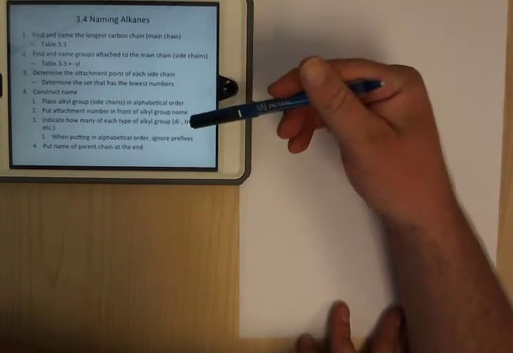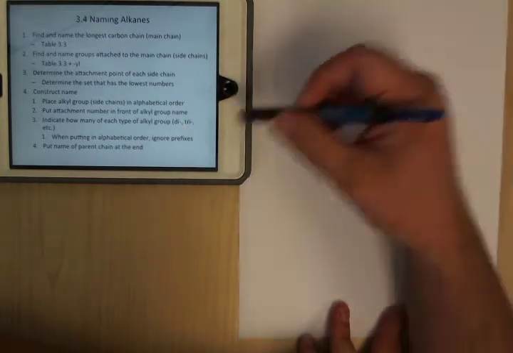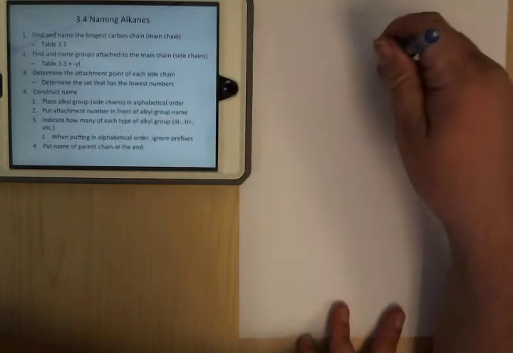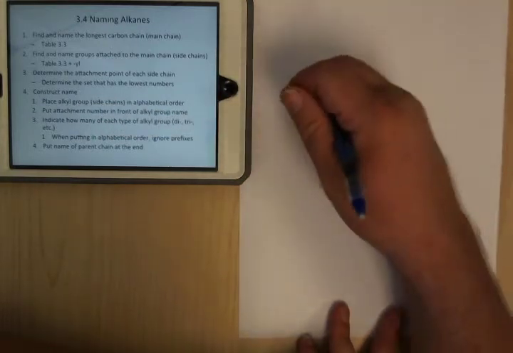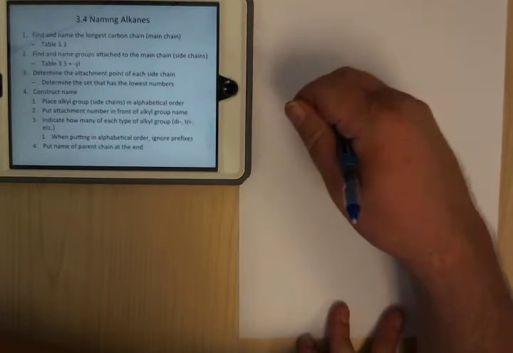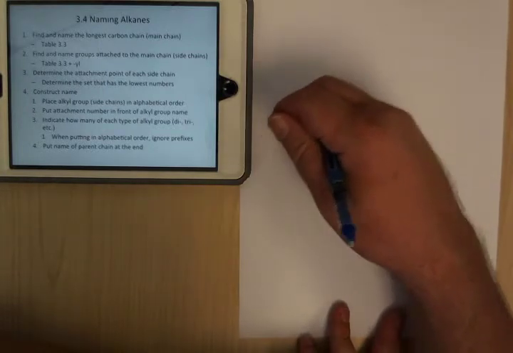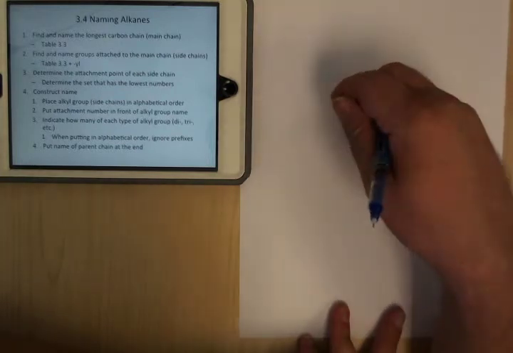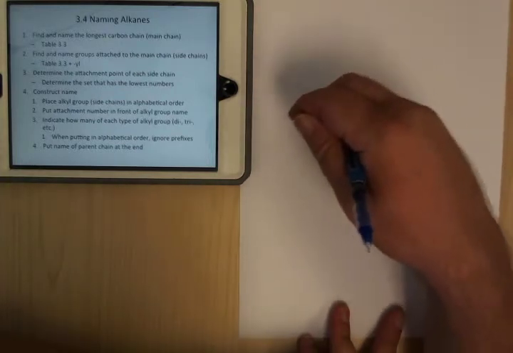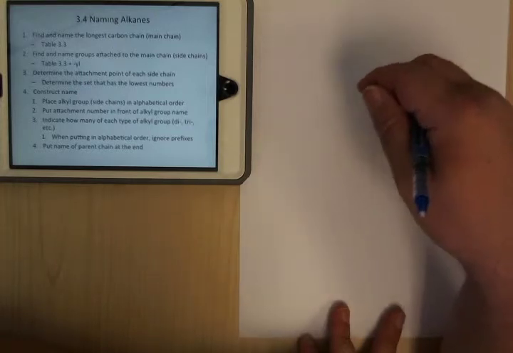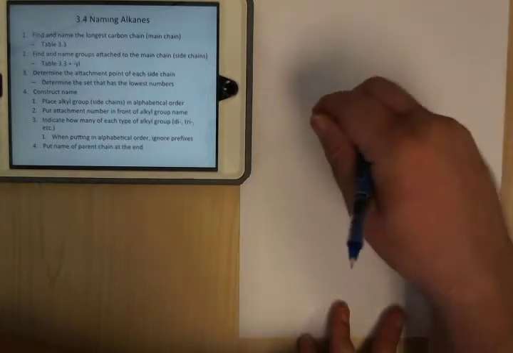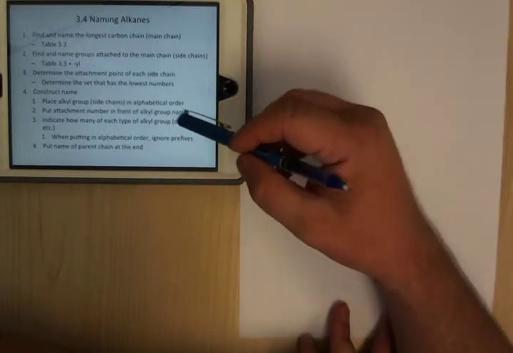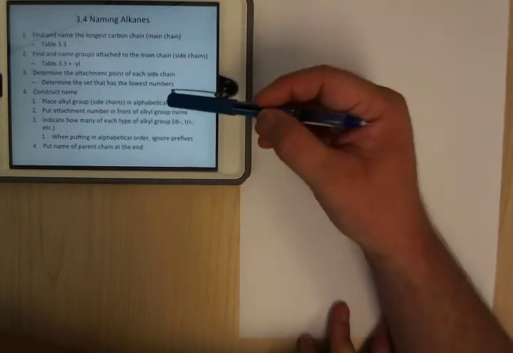Then indicate how many of each type you have. If you have 2 methyl groups, it becomes dimethyl. You still put the numbers out front, separated by a comma, in numerical order. So if you had 2, 2, 3, it'd be 2,2,3-trimethyl. The di, tri, whatever doesn't count when you're doing the alphabetical order.